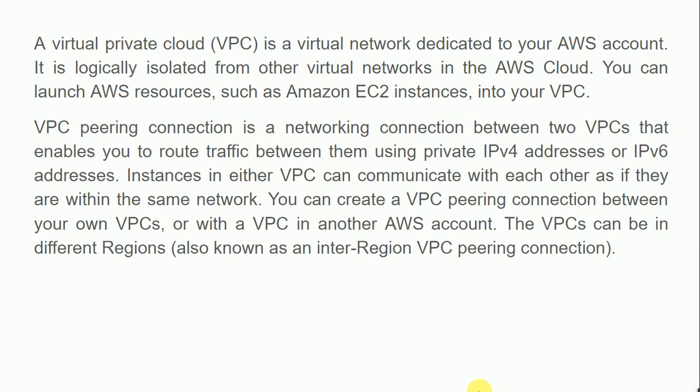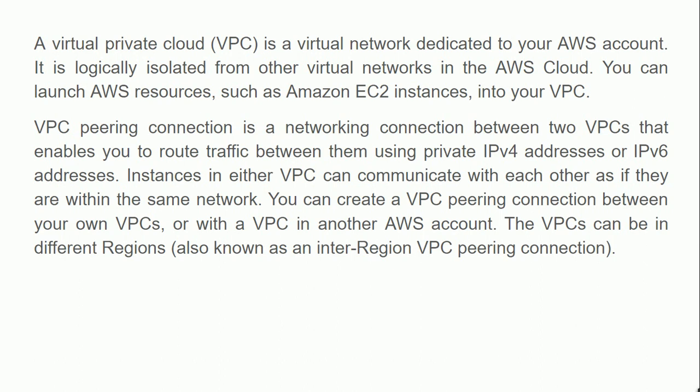As we learned in a prior video, a VPC is a virtual network dedicated to your AWS account, and it is logically isolated from other virtual networks in the AWS cloud. You can launch AWS resources such as EC2 instances, RDS, or anything in Amazon VPC.